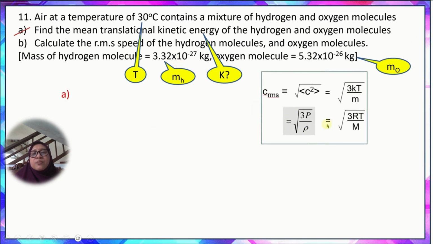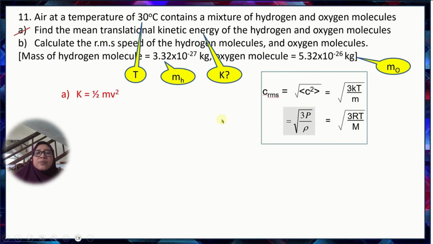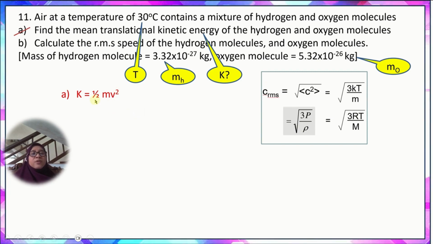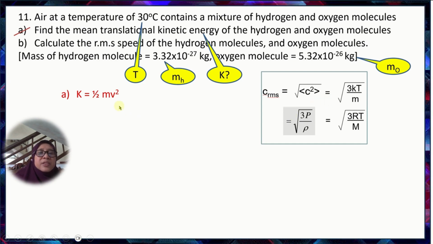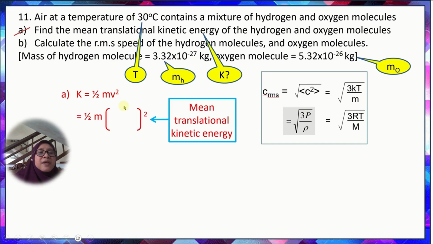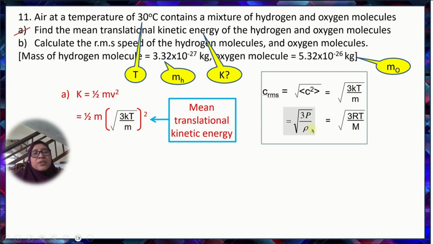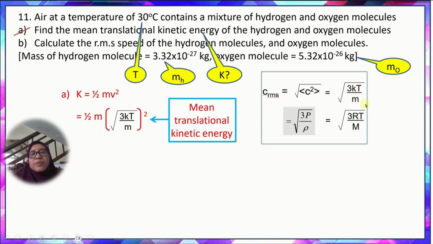From this equation for r.m.s speed, because we are going to find kinetic energy, we can use this equation. Kinetic energy is half mv squared. For the mean translational kinetic energy, we need to find v first. For v we choose this equation, root of 3kT over m, where m is the mass of one molecule.